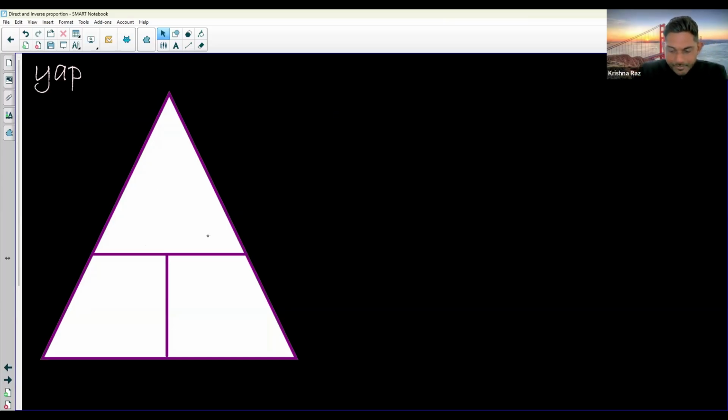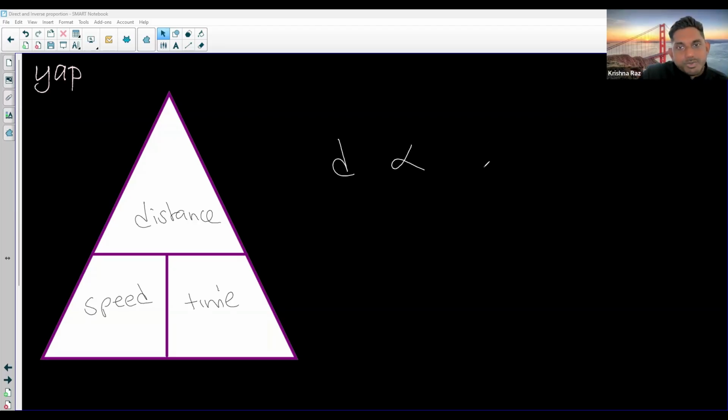So firstly, let's just look at what is proportion. Hopefully you all know the relationship between distance, speed, and time, which is distance equals speed times time. If we compare two of the variables, we know that distance is proportional to speed, i.e., if we keep our time fixed and we double our speed, what will happen to the distance that we travel?